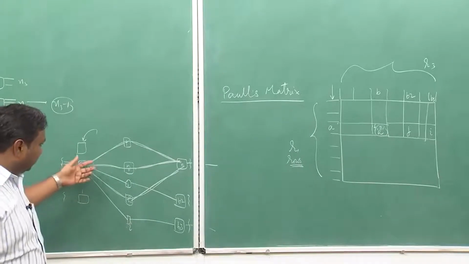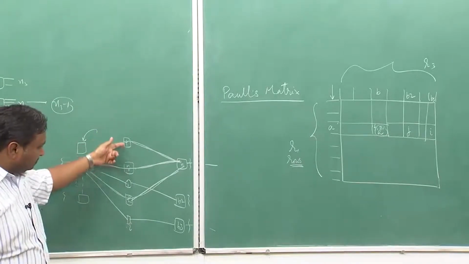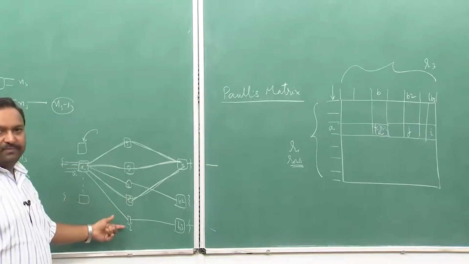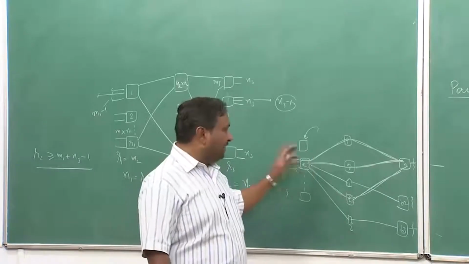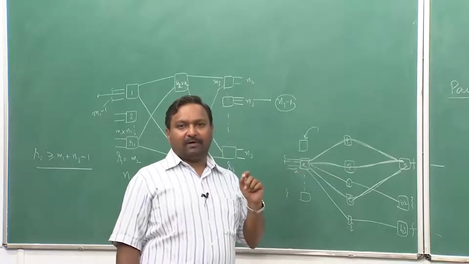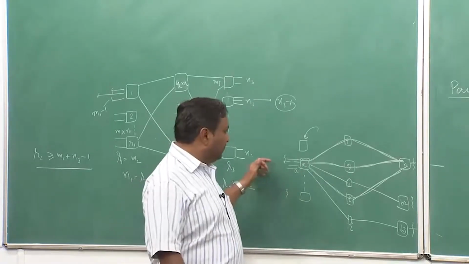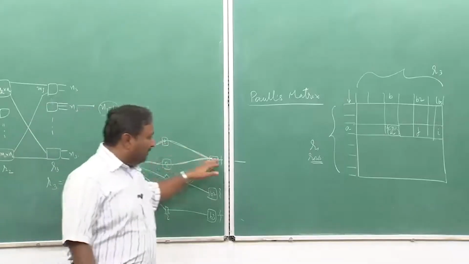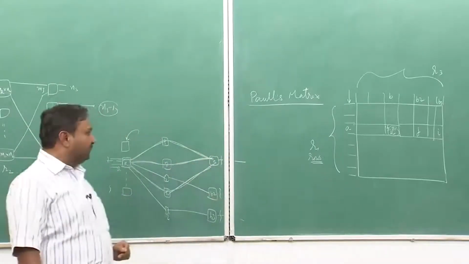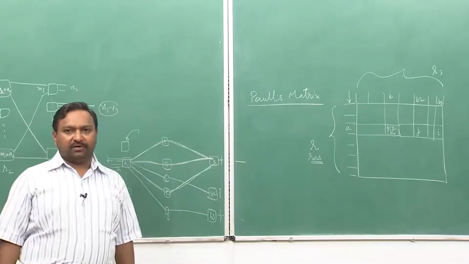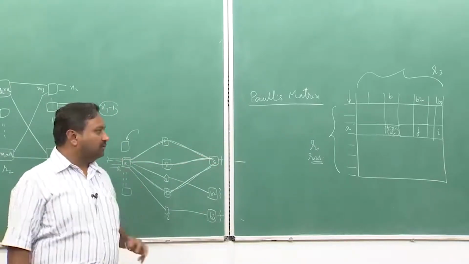So, that will be governed by the number of switches which are there in the middle stage. For every connection, now remember what I am considering here is a unicast connection. There is only one input, there is only one output. Okay. So, when I am connecting one input and output, one connection goes through.